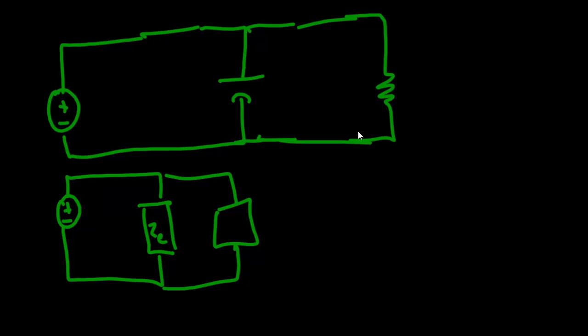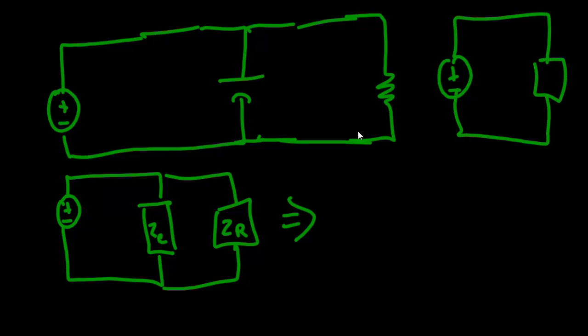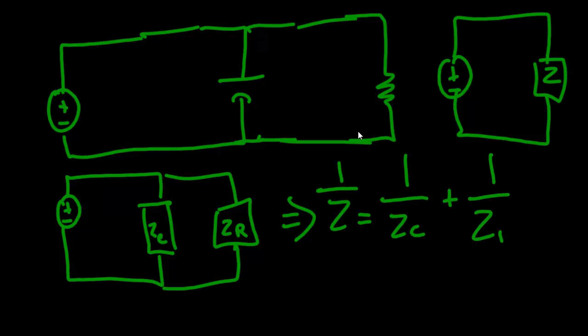So ZC, ZR. If we don't have an inductor, we want to reduce this to one impedance, which we call Z. So 1 over Z is equal to 1 over ZC plus 1 over ZR.